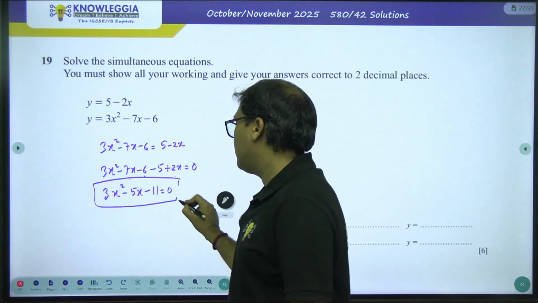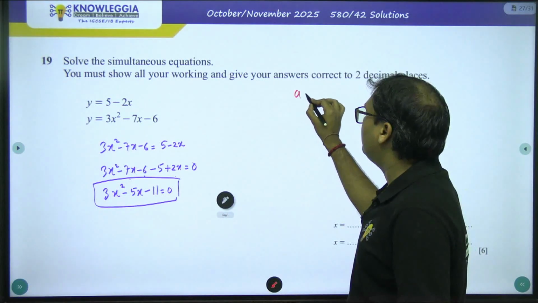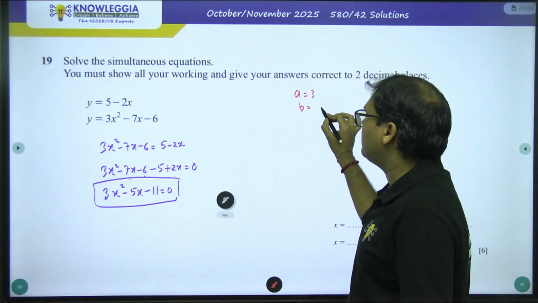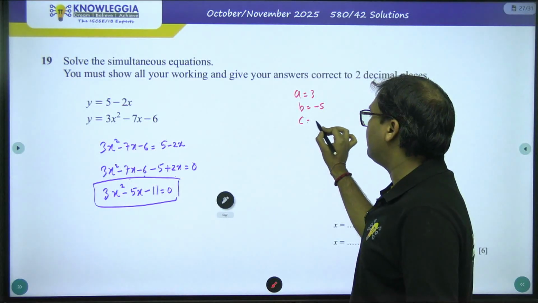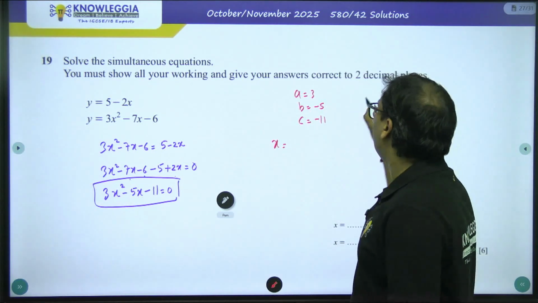Now to solve this, you can use the quadratic formula. So what is A? A is 3. What is B? B is minus 5. And what is C? Minus 11. So what is the solution? X is, what is the formula?